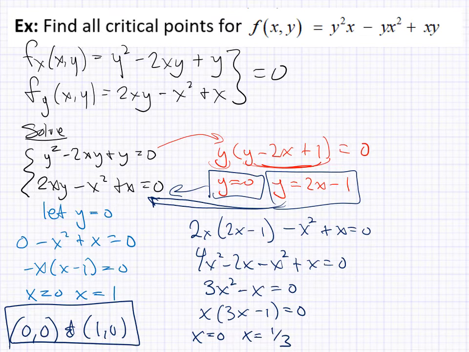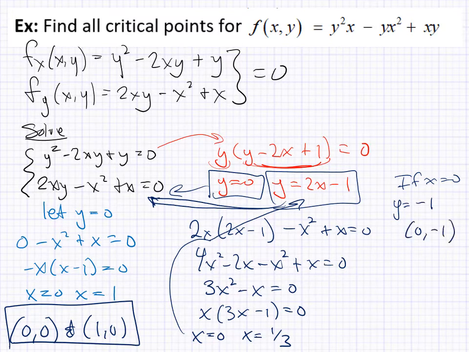Okay, in which case then what I would need to do is plug each of those now into my substitution, which would be this one right here. So if x equals 0, what's that going to give me? Well, y would be 2 times 0 minus 1, so negative 1. So 0, negative 1 is another critical point.